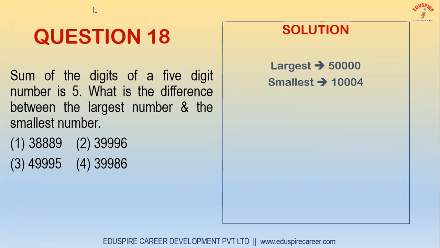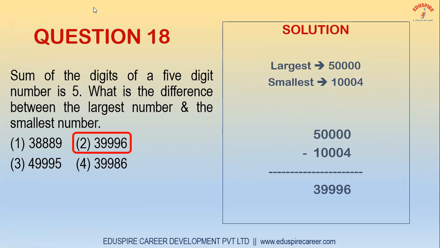After putting 1 in the leftmost place, you can put all zeros until you get to the unit digit, where you put 4, so that 1 plus 4 becomes 5. So of course, you can make out the difference. That is 3,996, right? So your answer is option number 2. Moving on to the next one.